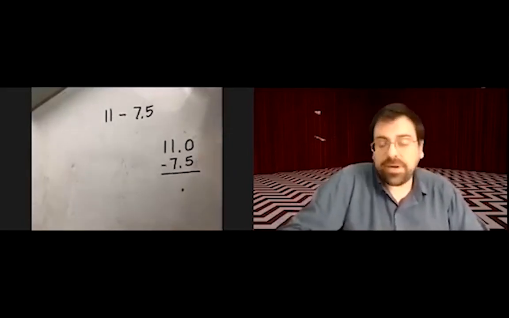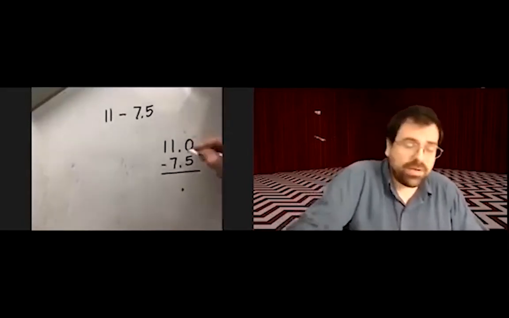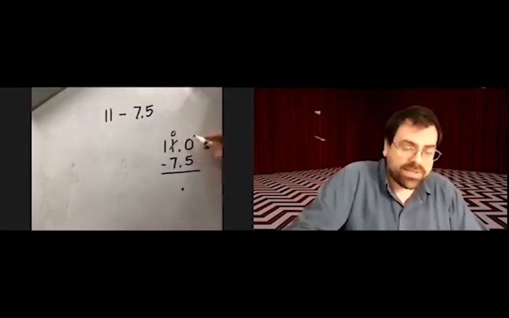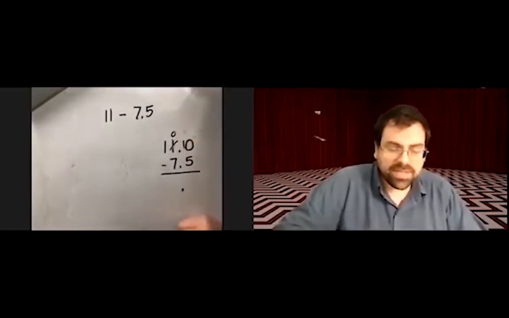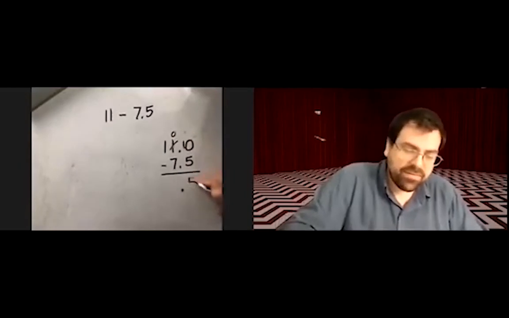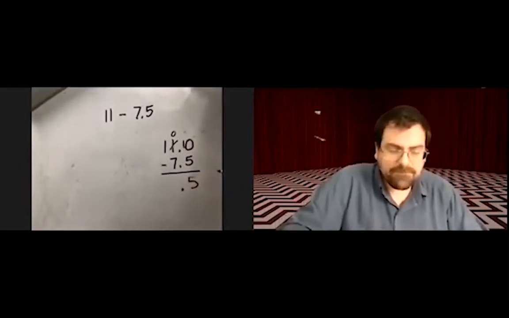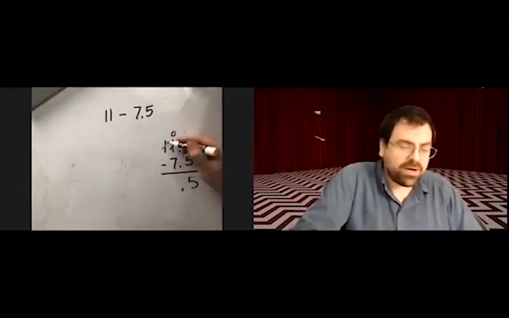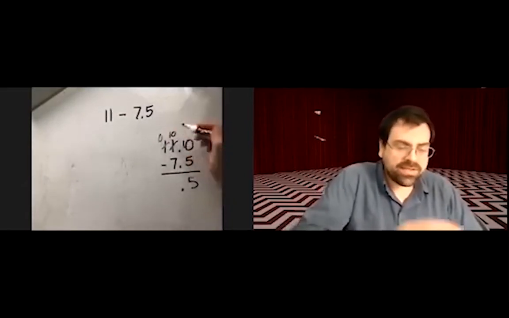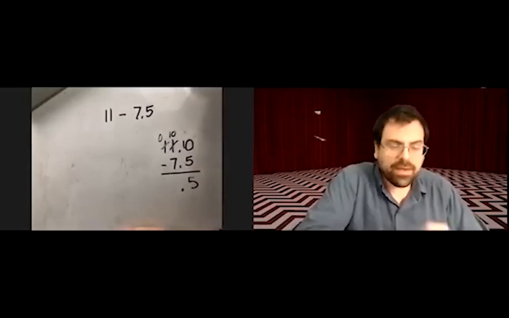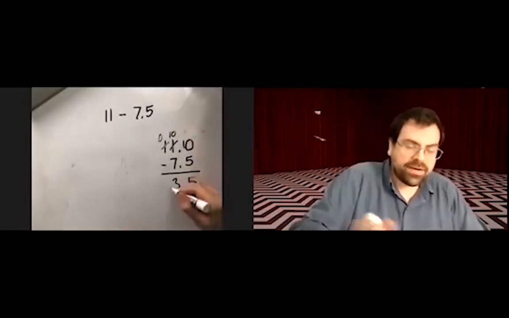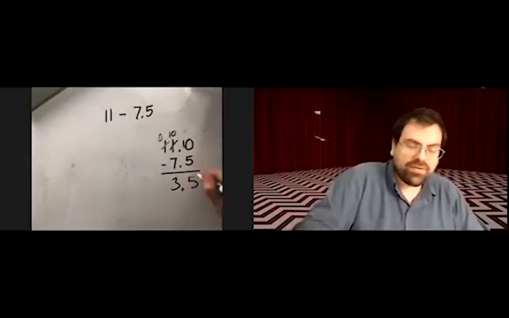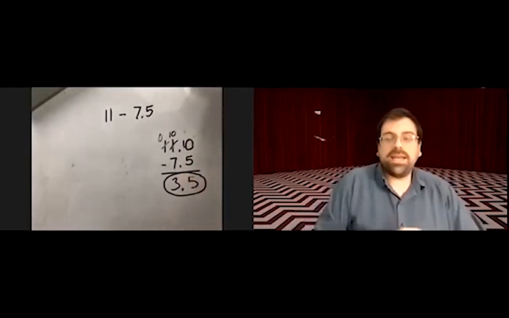0 minus 5, we can't do it. What do? We borrow. That 1 becomes a 0. This 0 becomes a 10. 10 minus 5 is 5. 0 minus 7, we can't do it. We borrow. That 1 becomes a 0. This 0 becomes a 10. 10 minus 7 is 3. 3.5 would be the answer.